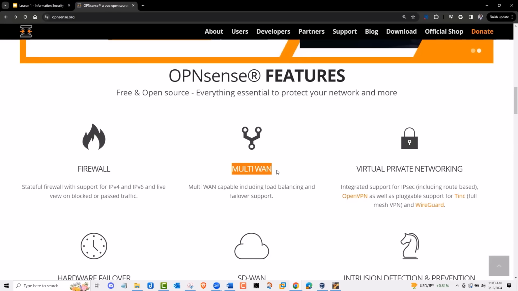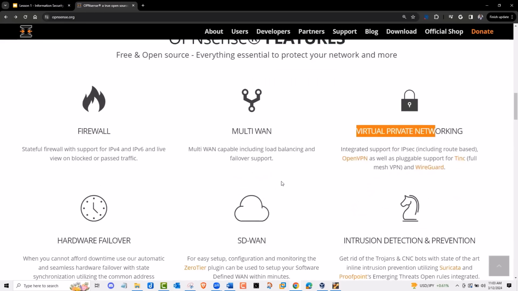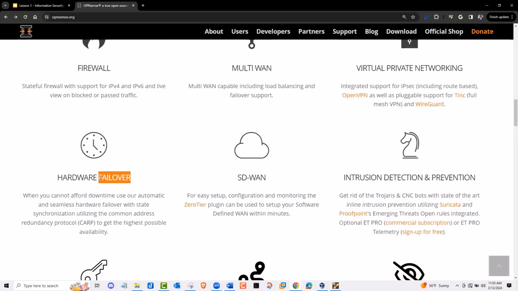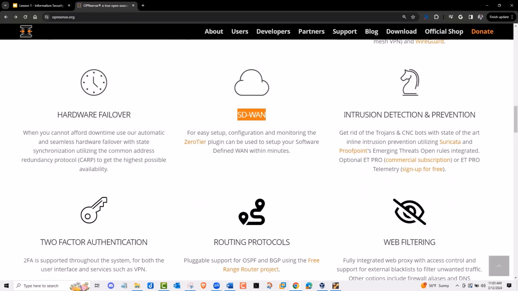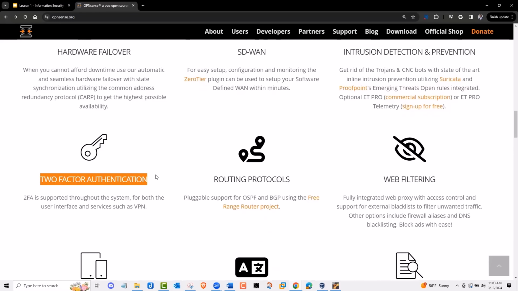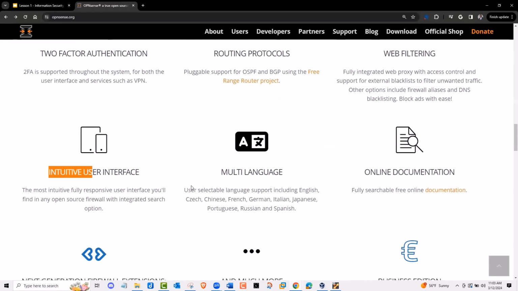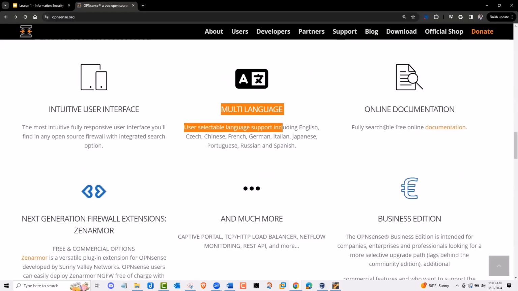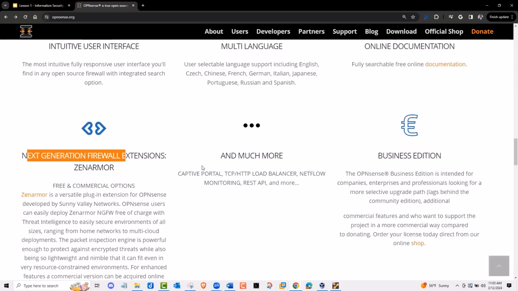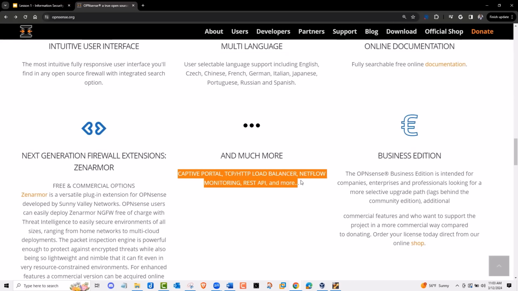It works as a multi-WAN, VPN, hardware failover for redundancy, SD-WAN, IDS and IPS, intrusion detection and prevention systems, 2FA, two-factor authentication, routing protocols, web filtering, an intuitive user interface, multi-language support, next-generation firewalls, captive portal, load balancer, NetFlow, monitoring, APIs, and much more.